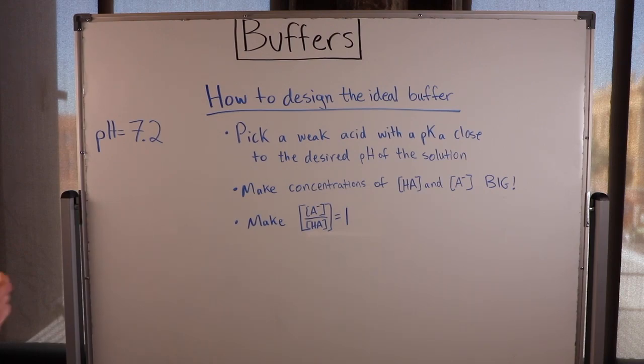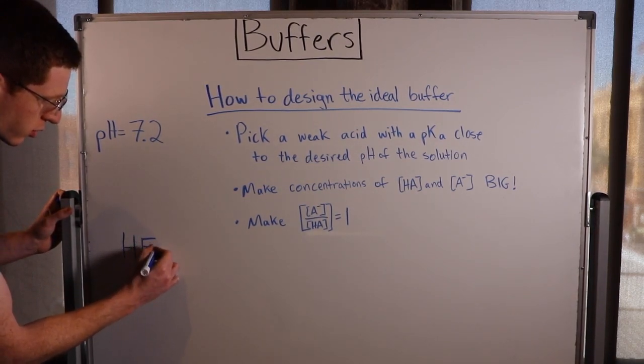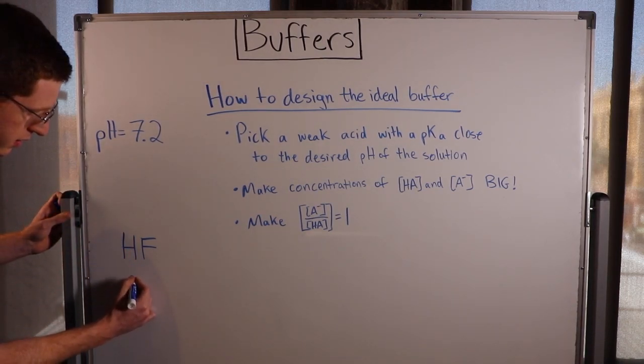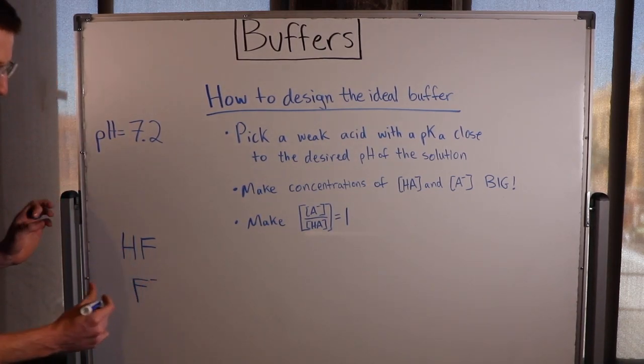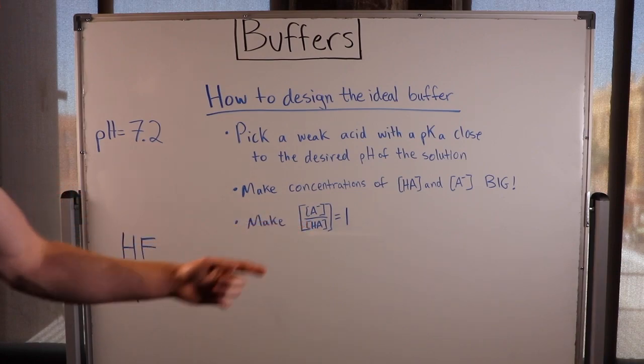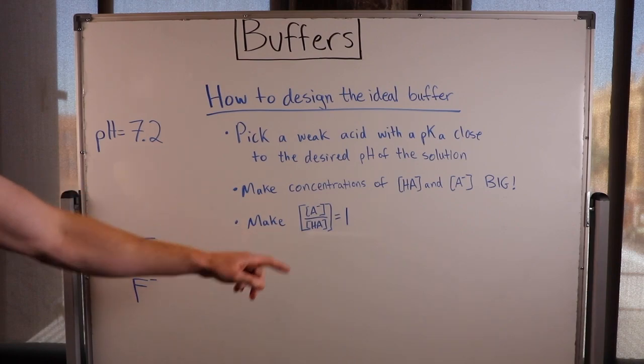So remember, the weak acid sort of soaks up the hydroxide, whereas the conjugate base sort of soaks up the hydrogen ion. So if we have equal molar amounts of these two things, we're ideally poised to resist changes in both directions, both acidity and basicity. So you want this ratio to be 1.